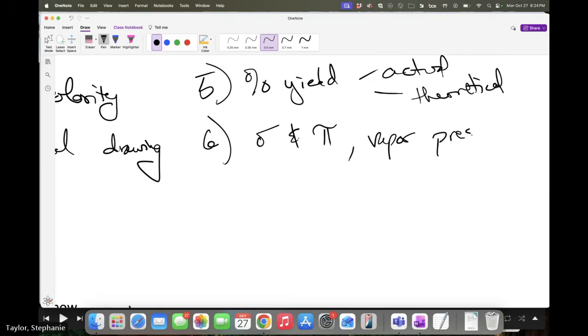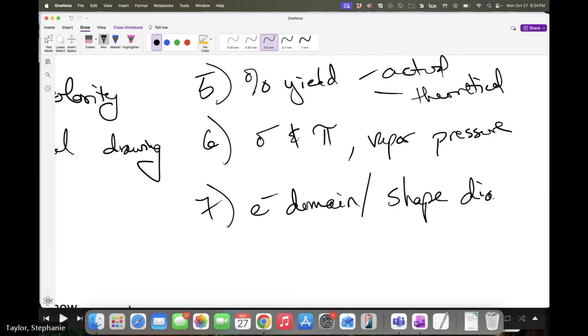Okay. The 7th question is, where could we find the electron domain/shape diagram you showed us? Okay. And the 8th question is, what sorts of questions will be asked about skeletal drawings?